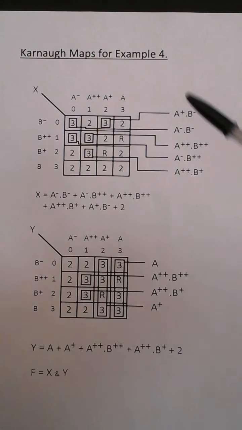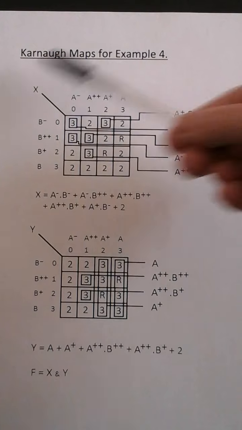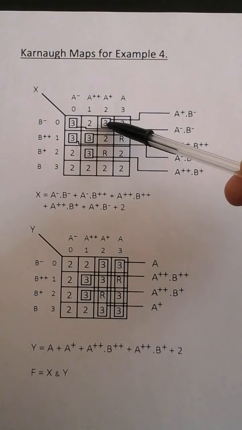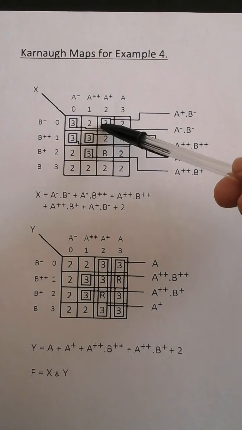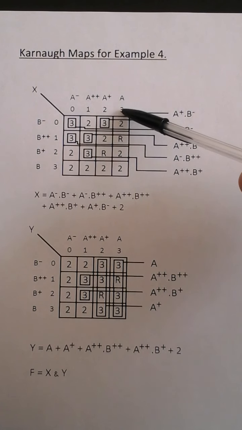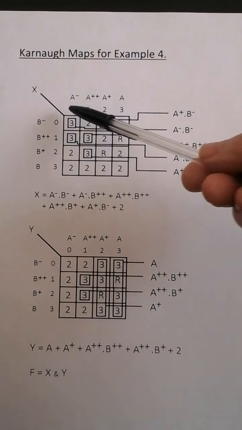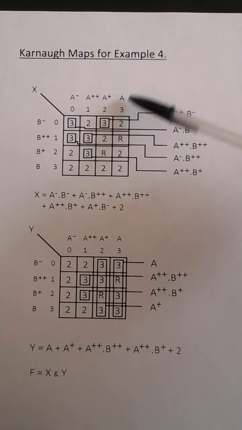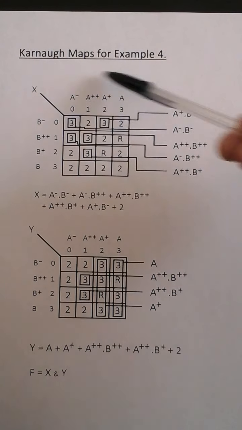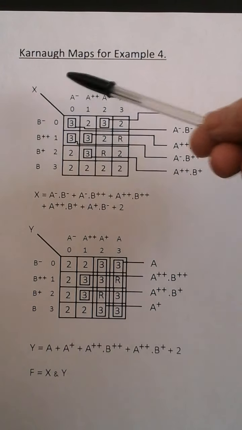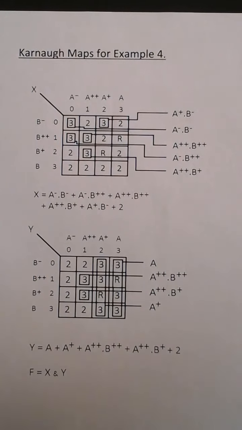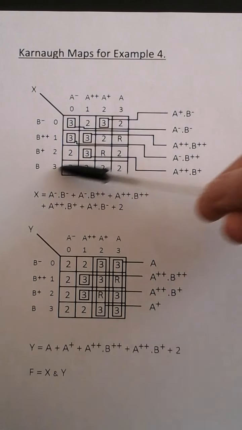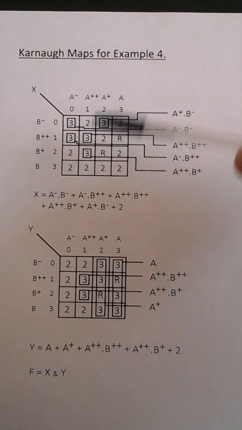So this is the kernel map for x, using looping the 3's. So again, you say what I have to do to the coordinate of the kernel map to get it to a 3. Nothing in this case, so it's A, etc. Same for B. I haven't been able to loop any groups of 4.